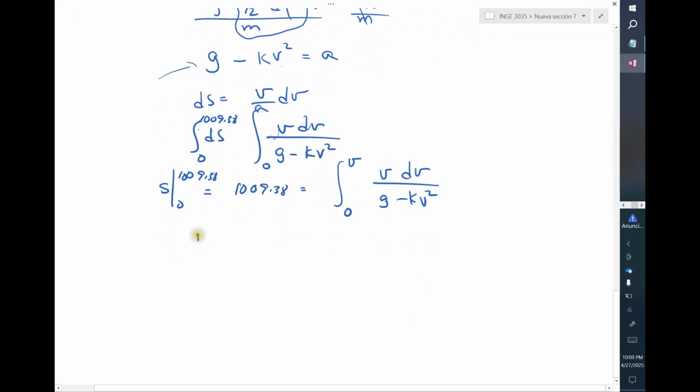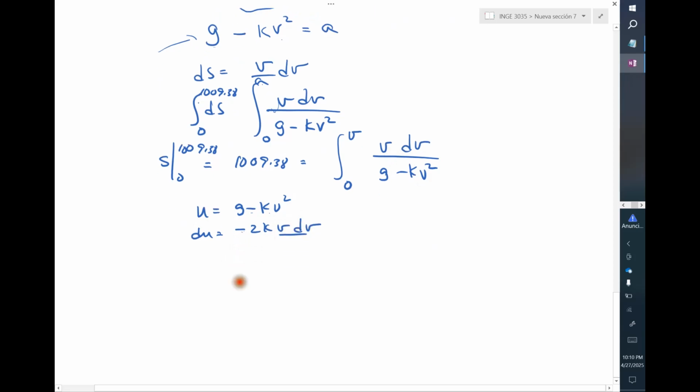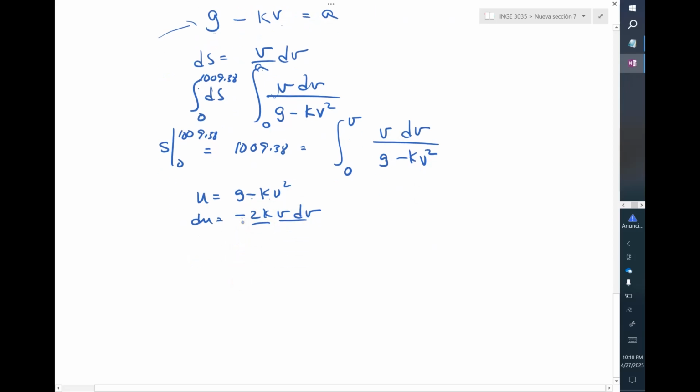If we do substitution, u equal g minus kv squared, du equal, g is a constant, minus 2kv dv. Now v dv is here, so I end up with the minus 2k. So my integral in general form is v dv, but v dv is du over 2k.